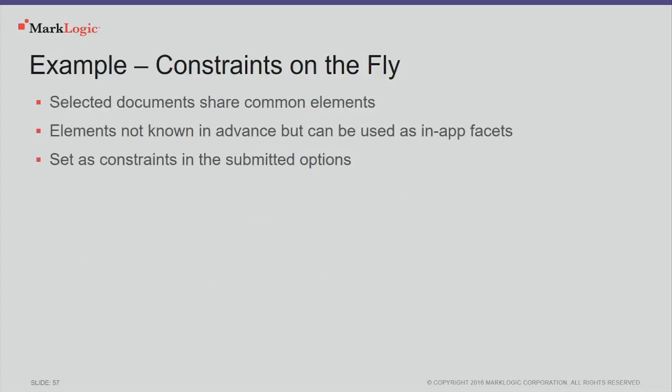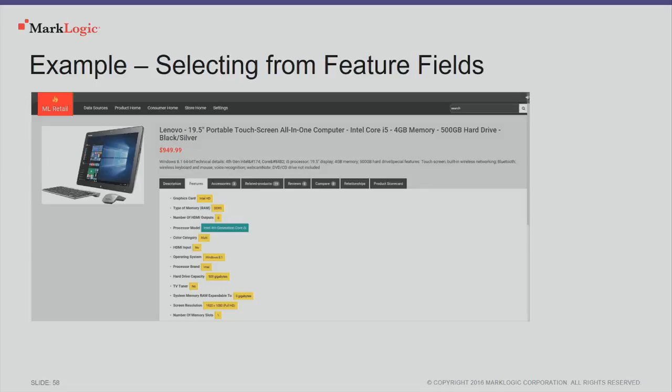And then the final example for this expansion: constraints on the fly. This is a pretty cool example because here's a case where we have something that looks like facets. These are all the values for one document, right? This is looking up a computer in a system, and we see that it's got a graphics card and a type of memory and so forth. But the facet doesn't exist.